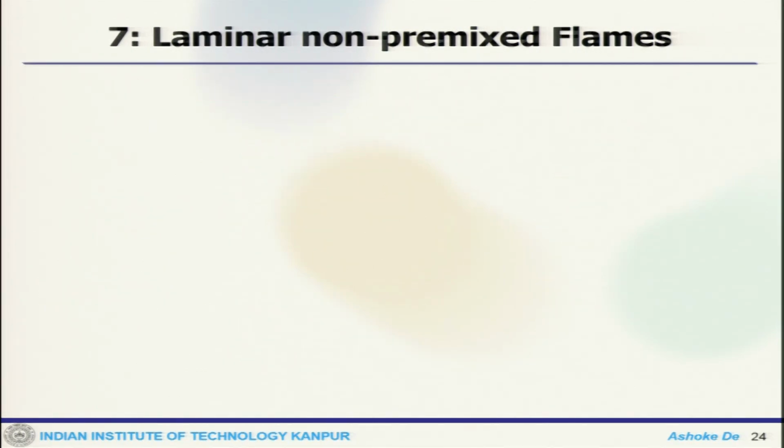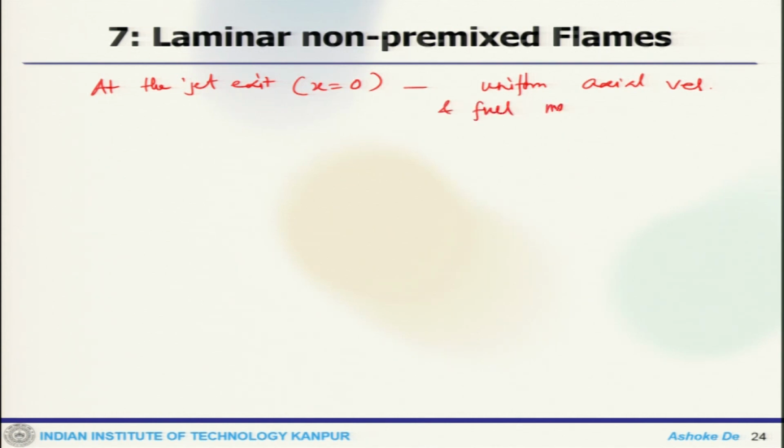Now, at the jet exit, we get x equals 0. So, here what we assume is uniform axial velocity and fuel mass fraction, and 0 elsewhere.